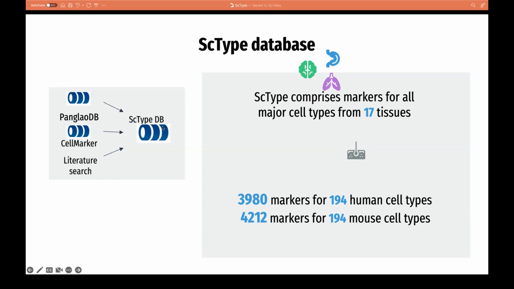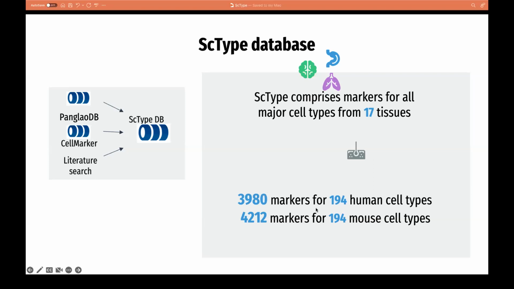For example, we tried to go back and see that a marker reported in our database has more specificity as compared to noise in the literature. So based upon that, we were able to identify markers for 17 tissues and 194 human cell types, in total almost 4,000 markers.